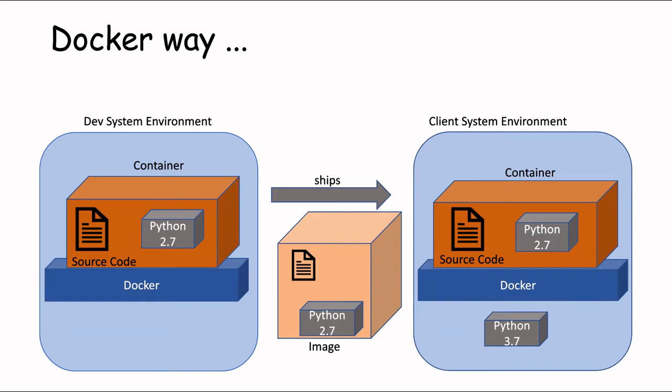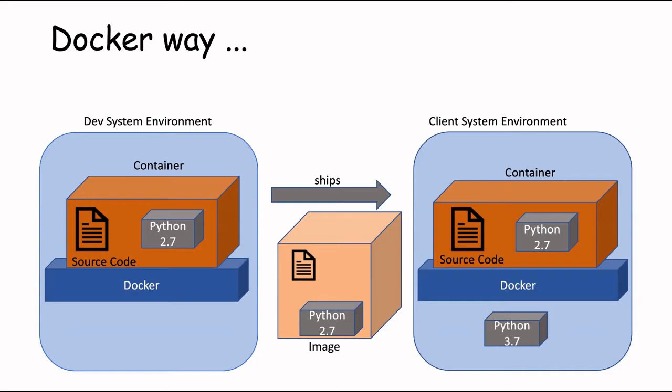So, as I said, the developer will create a new container, install all the libraries and packages needed for the code base to run, and package it as an image. Now this image will be shipped to the client on project completion, and on the client side, the client will deploy this image in his system using Docker. The difference between the image and the container is that when an image is in run mode, it is called a container.